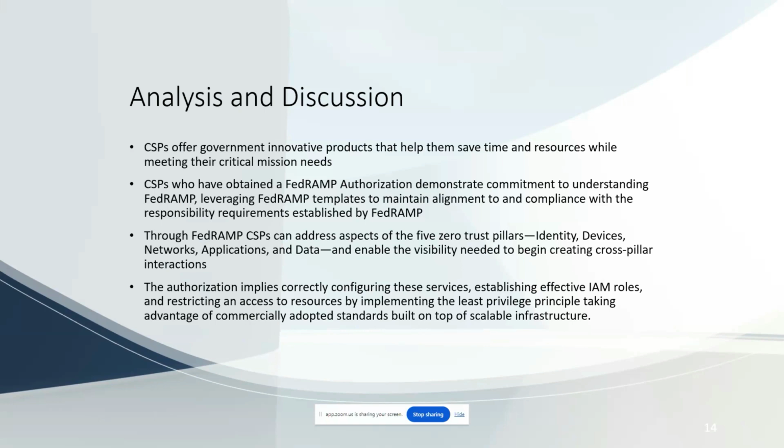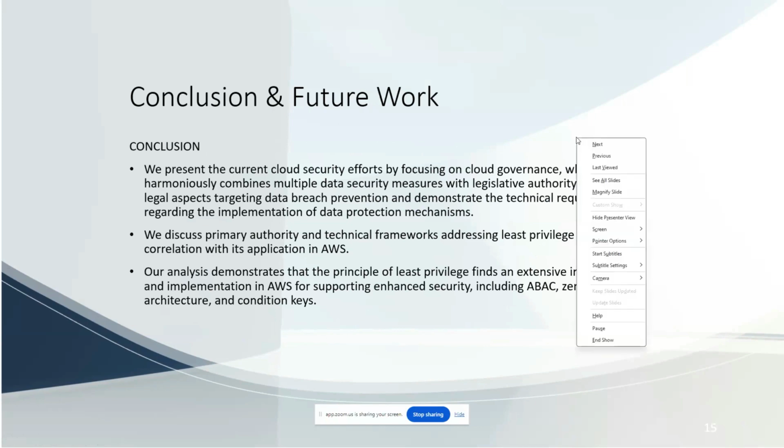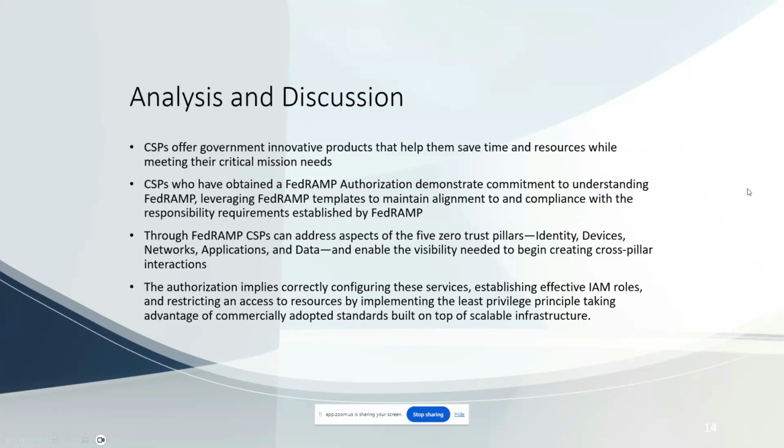Through FedRAMP, cloud service providers can address aspects of the five zero trust pillars, essentially identity, devices, networks, applications, and data, and enable the visibility needed to begin creating cross-pillar interactions. The authorization implies correctly configuring these services, establishing effective identity and access management roles, and restricting access to resources by implementing the least privilege principle.